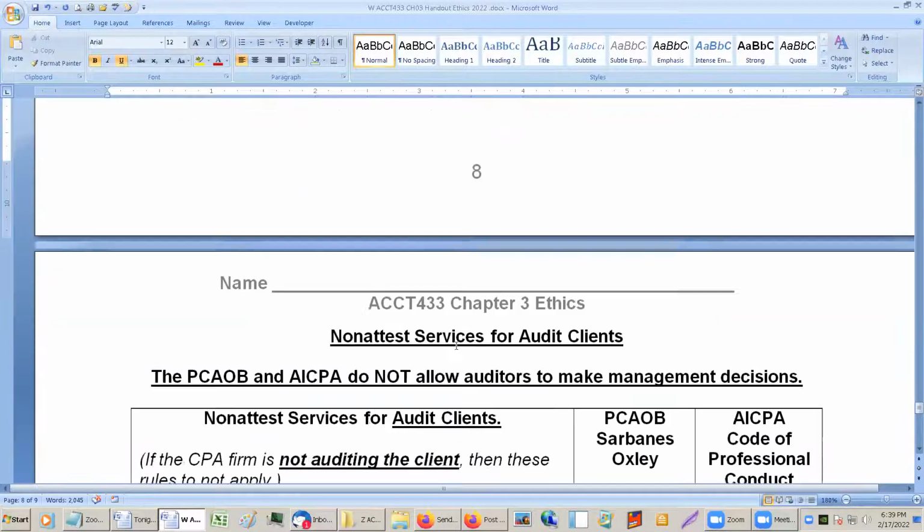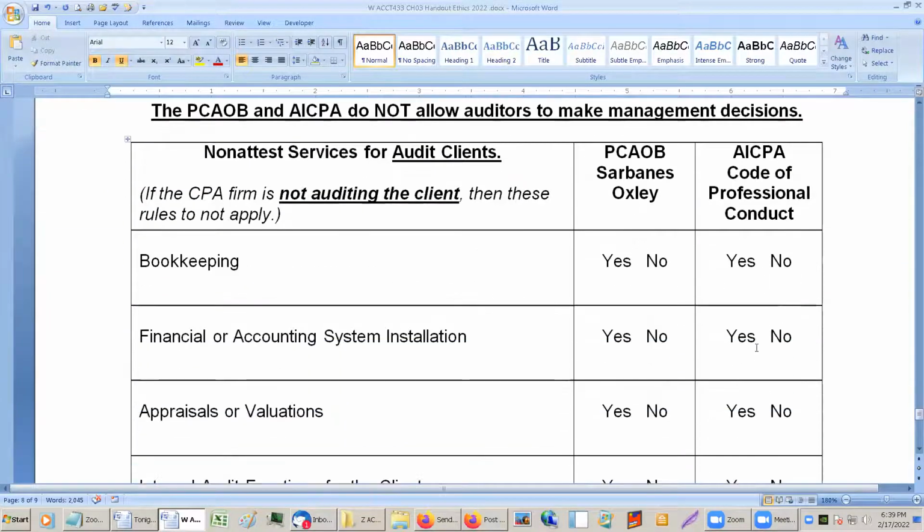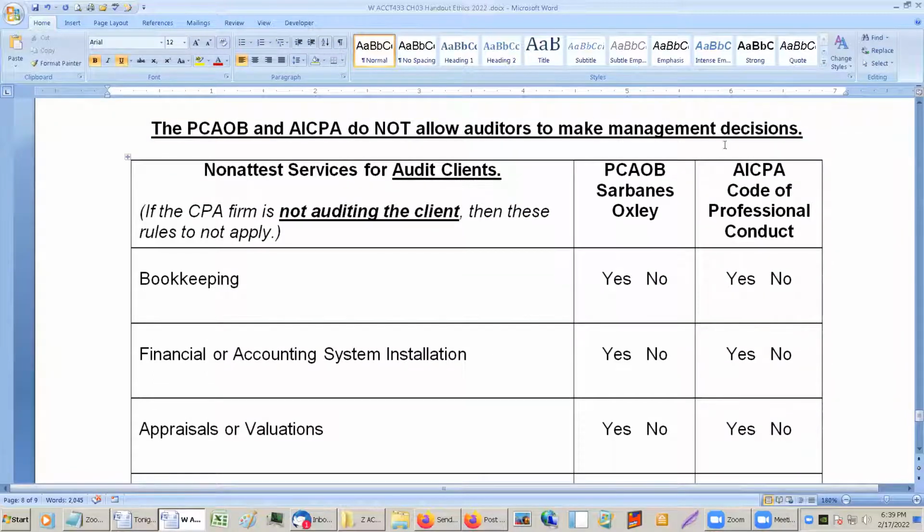Okay, but this is a comparison of Sarbanes-Oxley and the AICPA. Now, these rules that we're going through are only for auditors.